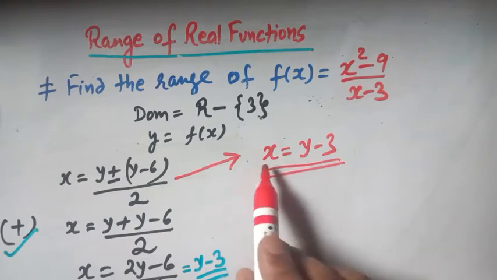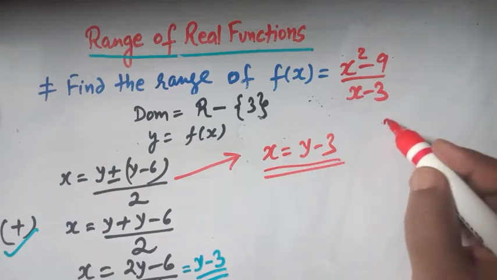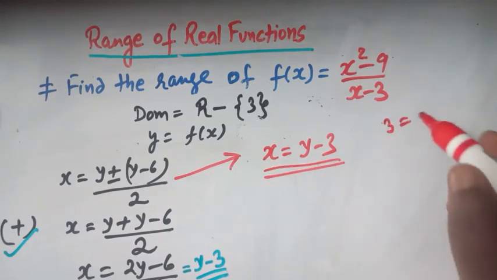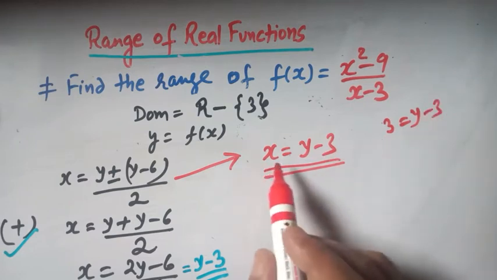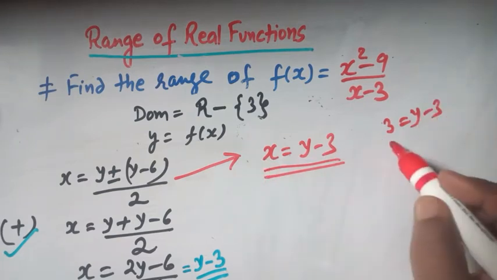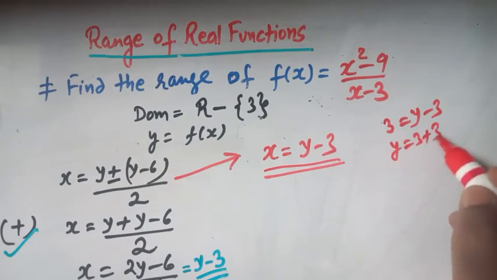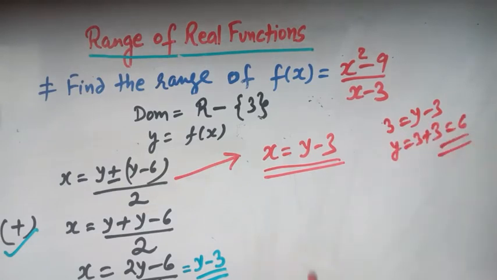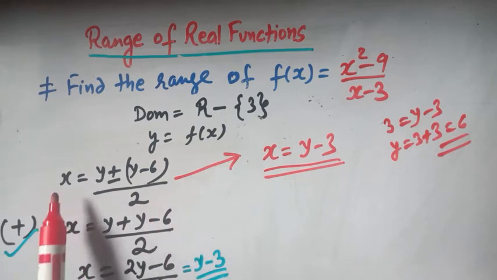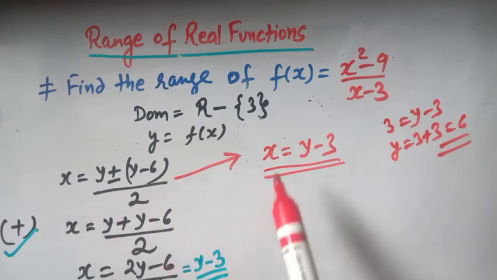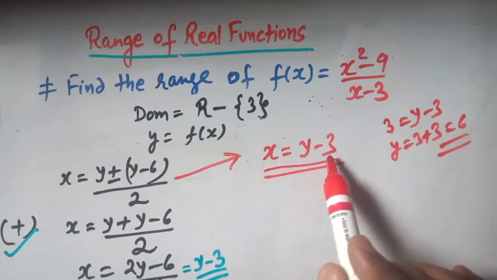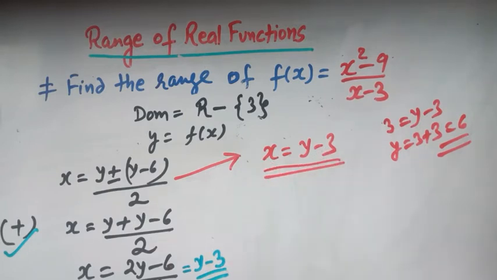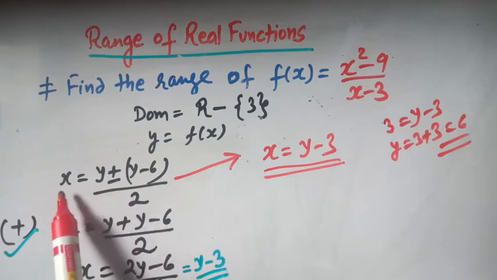So when x is equal to 3, y becomes 6. We'll substitute x is equal to 3 here, so y is 3 plus 3, 6. I am repeating once again. See, after solving this equation, we have got this expression x equal to y minus 3. Clear? We have already rejected x equal to 3.